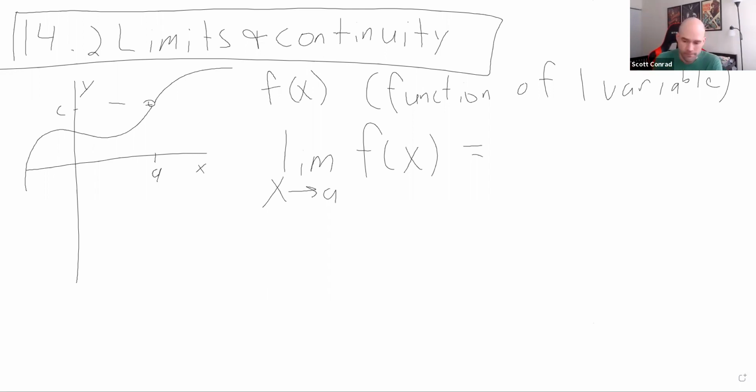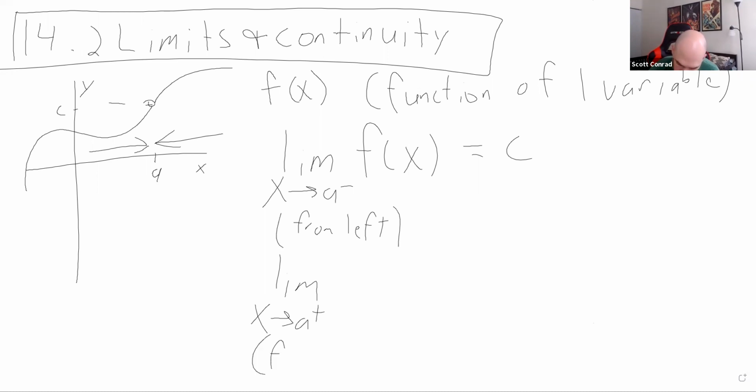The way we evaluate the limit is we look at the limit from the left and the limit from the right. So the limit from the left is c in this case. And the limit as x approaches a from the right: if you follow the graph of your function as you approach it from the left, we approach c.